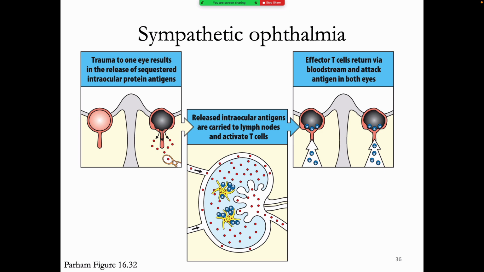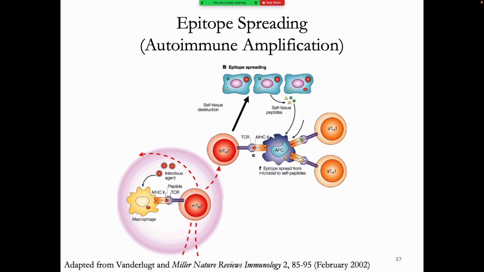But one thing that we do know quite well is that in many autoimmune diseases, there is a phenomenon known as epitope spreading. And epitope spreading, conceptually, is similar to immune privilege. It doesn't have to happen in an immune privileged site, but it is a concept that is similar to that classic understanding of immune privilege.